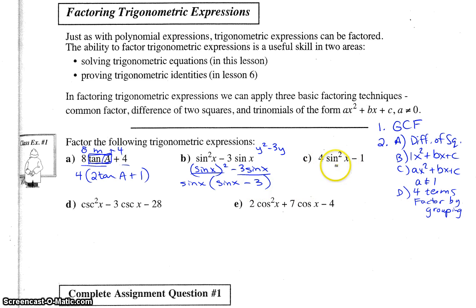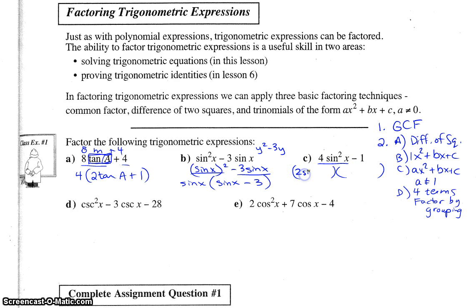All right, so let's look at C now. 4 sine squared x minus 1. I'm not sure I would factor this for a trig equation, but this is a difference of squares. 4 is 2 squared, sine squared is sine squared, and 1 is 1 squared. So 2 sets of brackets to do a difference of squares. The first term in each bracket is the square root of the first term here.